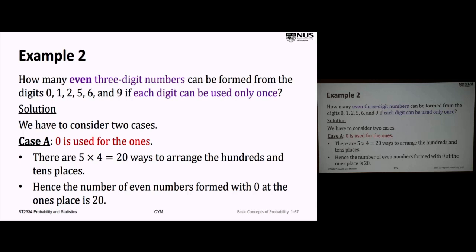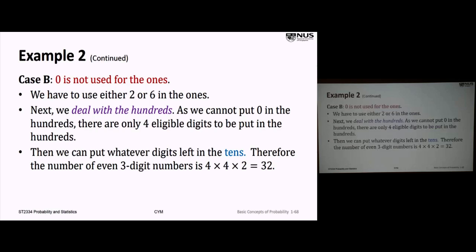Okay, now if I do that, again, I start at the ones or the last unit. Well, if I put 1, 5, or 9 at the end, I get an odd number. So I must use 2 or 6 at the final unit. Okay, now let's deal with the hundreds. Why do we deal with the hundreds? Well, basically because I can't put 0 at the front, as I said.